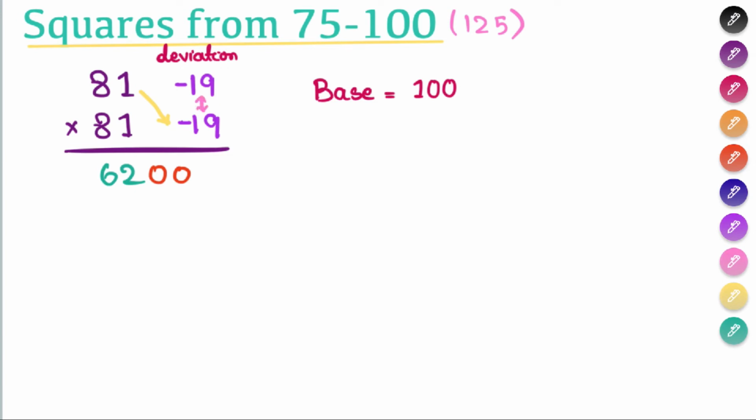So 19 into 19 is 19 square, and just now we learned that 19 square is 361. So I will write 361. So the final answer comes out to be 6561.